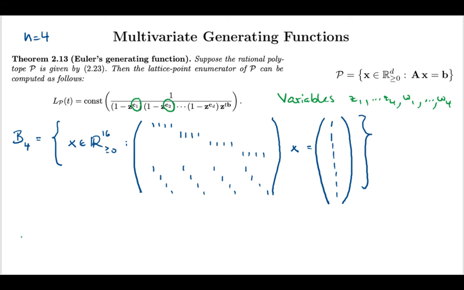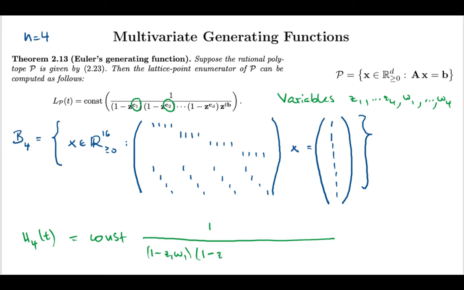And so what this theorem gives you is that h4, so this is the Ehrhart polynomial of B4, is the constant term of, what do we have? We have 1 over 1 minus this monomial, the vector z to the first column. So in my new variables, this is a z1 to the first power and a w1 to the first power. For my second column in my matrix A, this is a z1 w2, and so on.